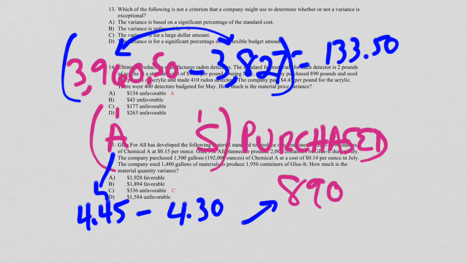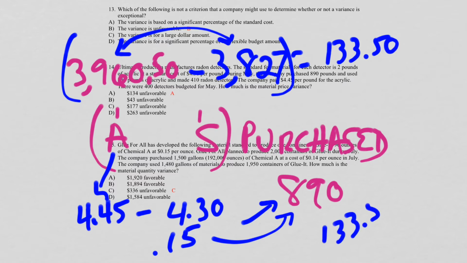If you take the 15-cent differential, already unfavorable because the 4.45 is greater than the 4.30 budgeted amount, 15 cents times the 890, you wind up with the same thing. So there's two ways to do the same thing. It's really the same algebra, same math, and the answer is A.